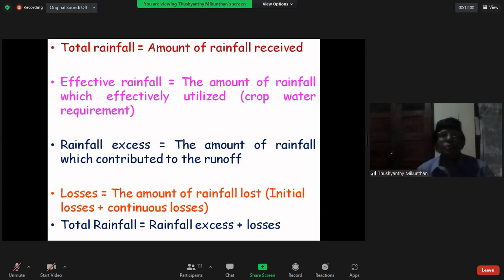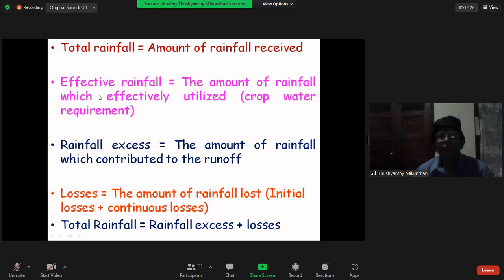Total rainfall is equal to the amount of rainfall received. Obviously you know the total rainfall, you already studied measurement of rainfall.